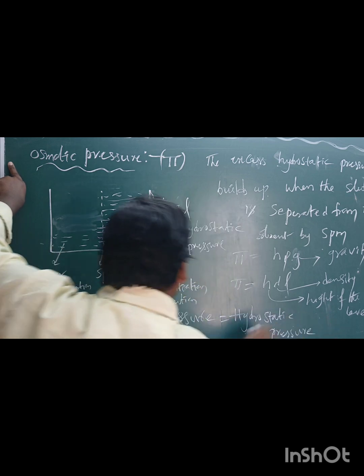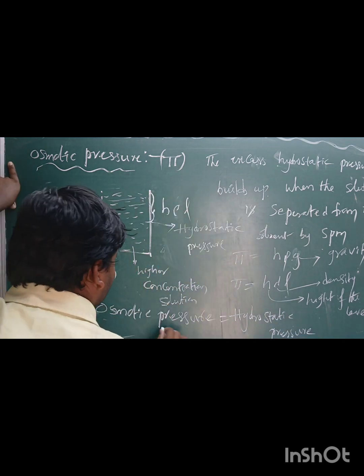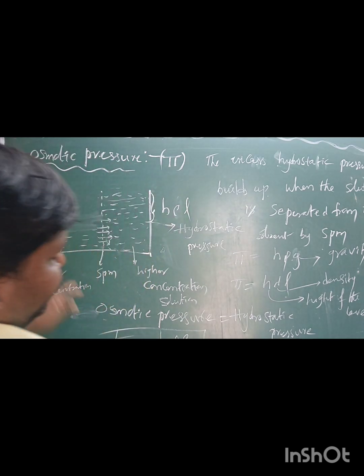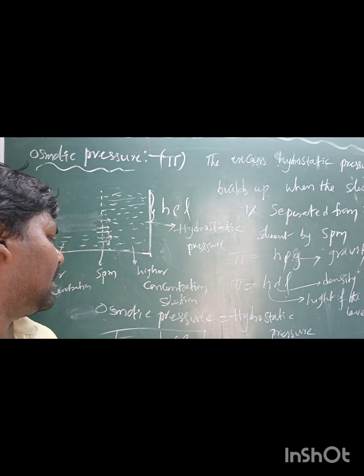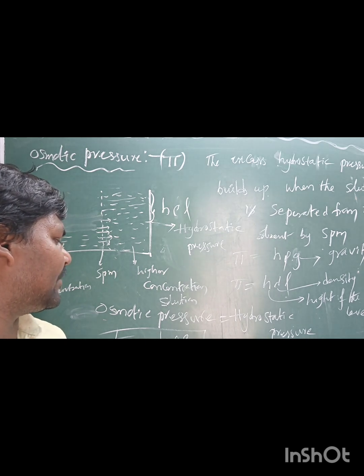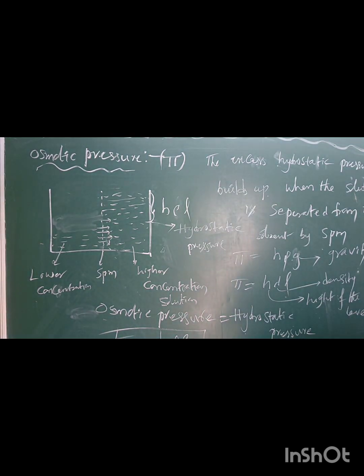That means here pi is equal to H rho G. This is the height of the column, or the increase in the level of the solution, where rho is the density of the solution, and G is acceleration due to gravity.